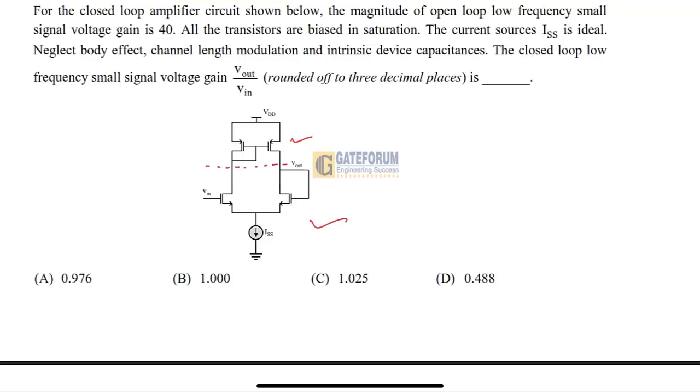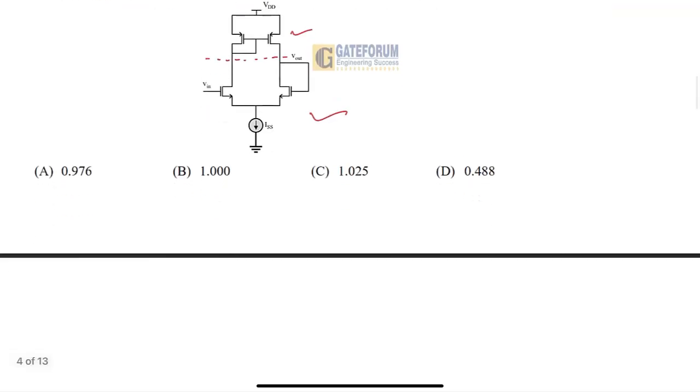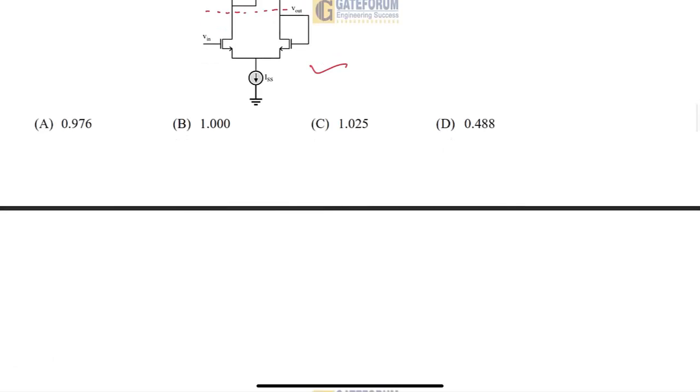and combined, this can be treated as an operational amplifier. As per the information given here, the open loop gain, let's say A, is equal to 40.